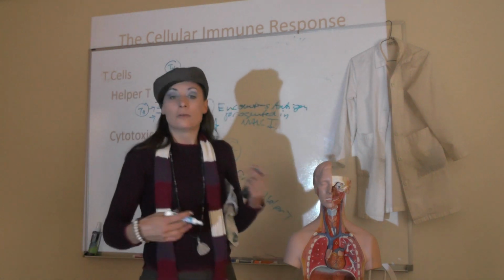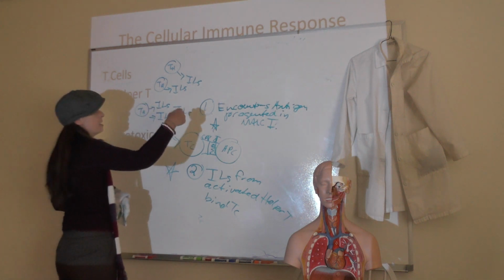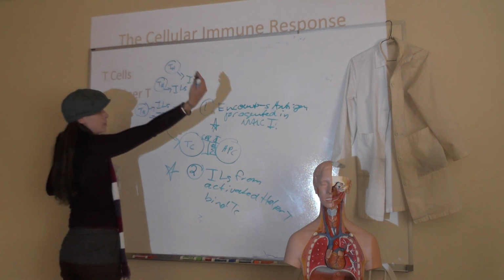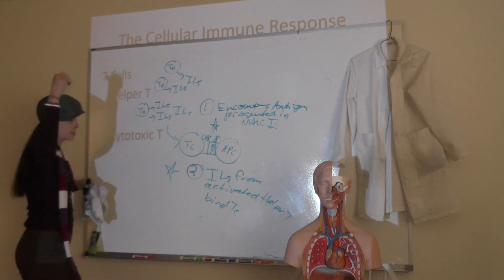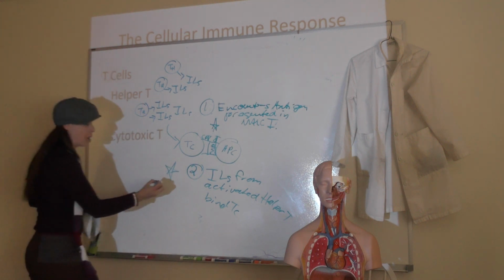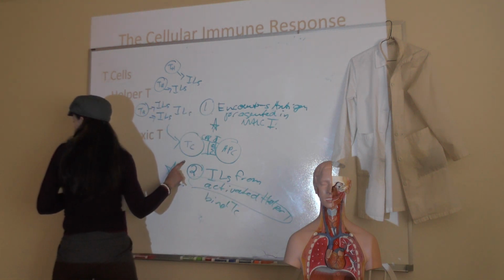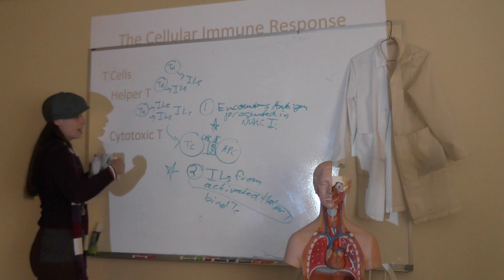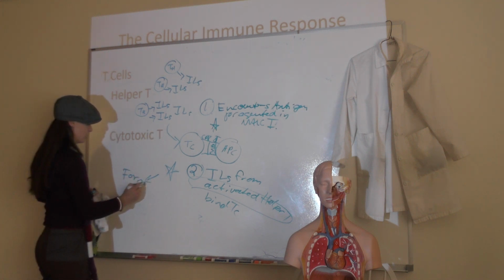Activated to do what? Form a clone. So our first antigen encounter step happens when we're presented antigen in MHC1. The second activation step happens when interleukins from an already activated helper T cell bind to the cytotoxic T cell, and now it will be activated to form a clone.